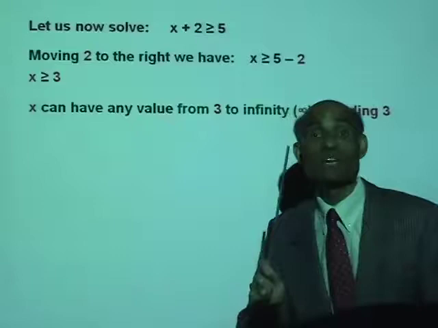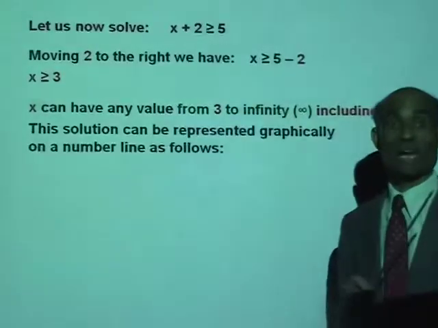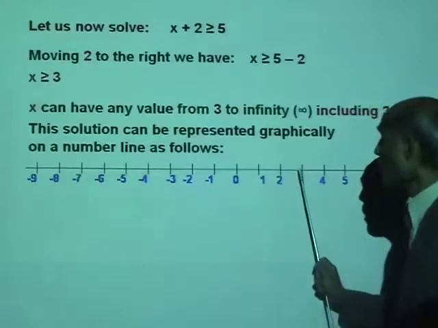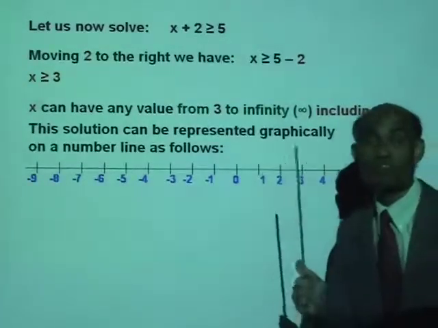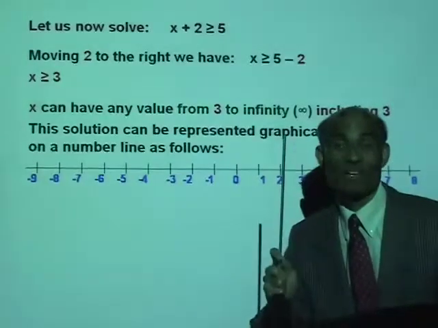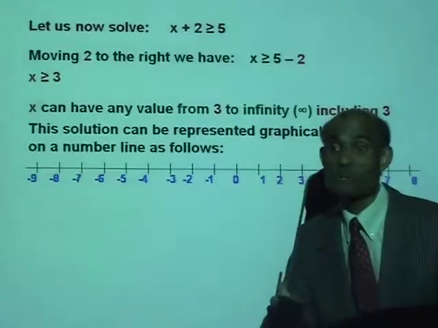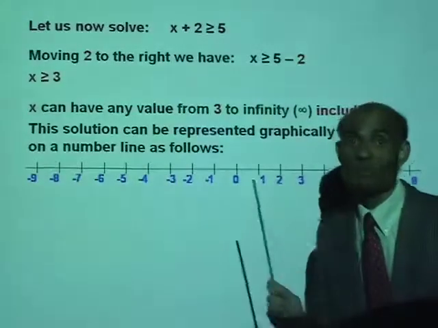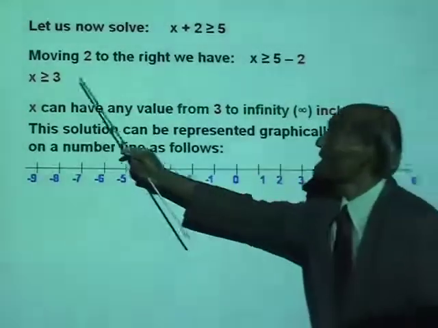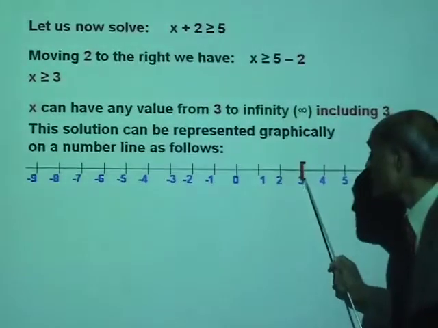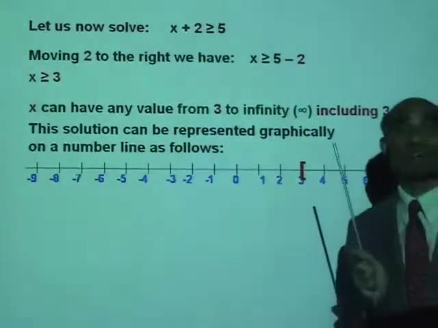And how do we represent that on the number line? Alright, watch here. The difference is, on 3, previously we used a parenthesis. What does the parenthesis represent? The number on which the parenthesis is standing is not included. But this time, our 3 is part of the solution, so I put a square bracket facing right on 3.